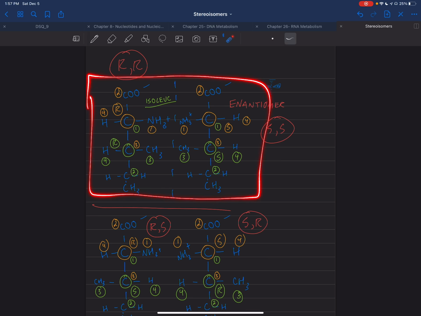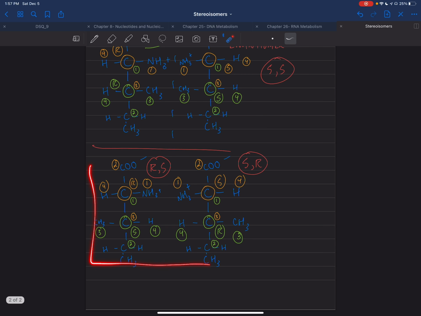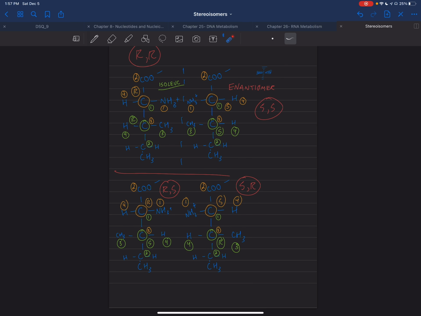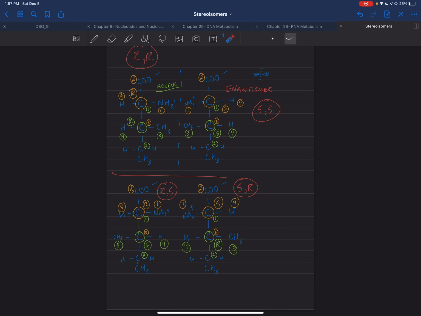These are enantiomers. These are enantiomers. Okay. If we're looking at this, it has 2 diastereomers. If we're looking at this, it has 2 diastereomers. If we're looking at this, it has 2 diastereomers. Okay?